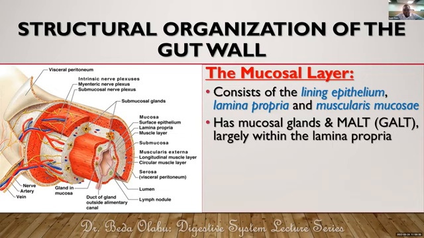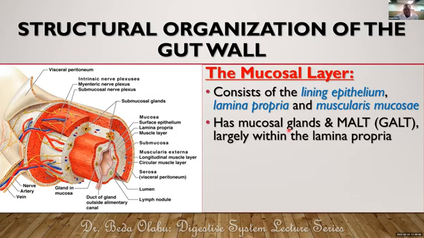There are also many, might not be as prominent as the ones of the stomach, but they're still there. Those ones in the intestines are called the crypts of Lieberkühn. You can just call them the intestinal crypts. So the intestinal crypts of Lieberkühn are the mucosal glands within the intestines, both small as well as large intestine.